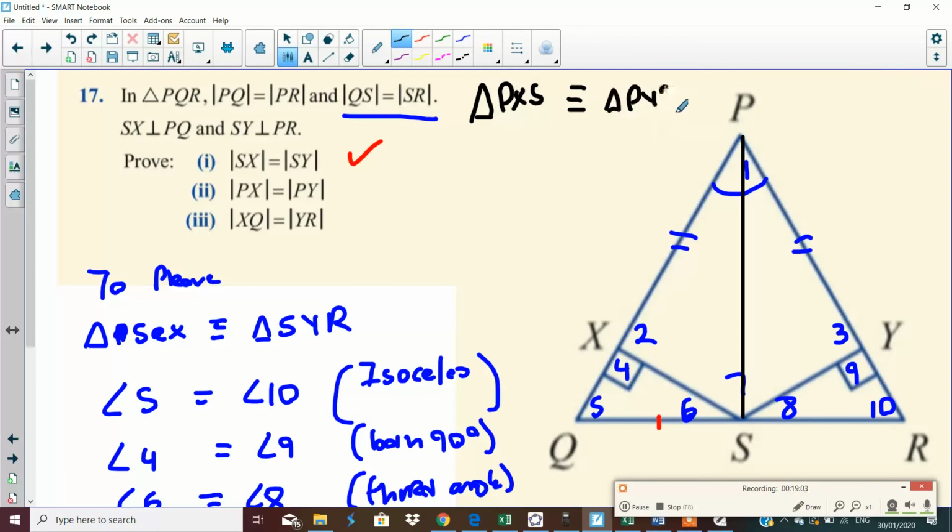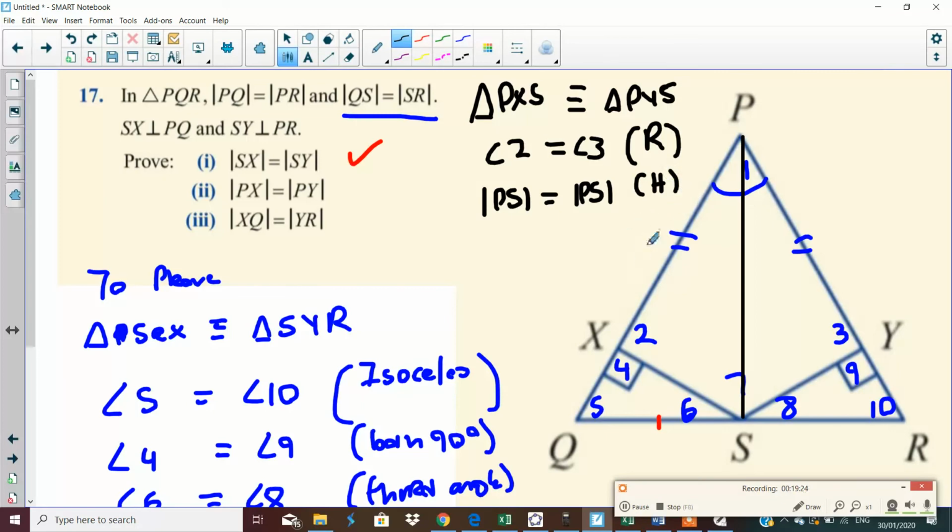Good job, by the way. Now, I'm first going to say angle 2 equals angle 3. They're both 90 degrees, aren't they? So that gives me the R. PS is a common side for both of them. So what does that do? Hypotenuse. Okay, common side, so it's the hypotenuse.